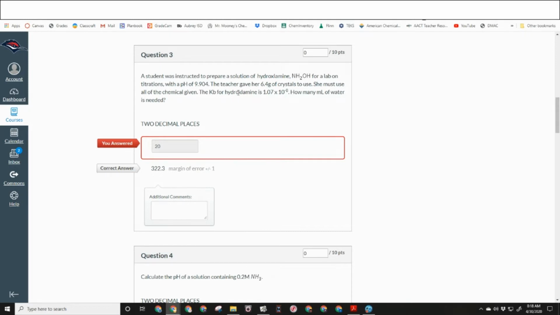The Kb for hydroxylamine is 1.07 times 10 to the negative 8. How many milliliters of water must she use to make this mixture, so that she used all of the crystals and it came out to be a pH of 9.904? Okay, a lot going on there.